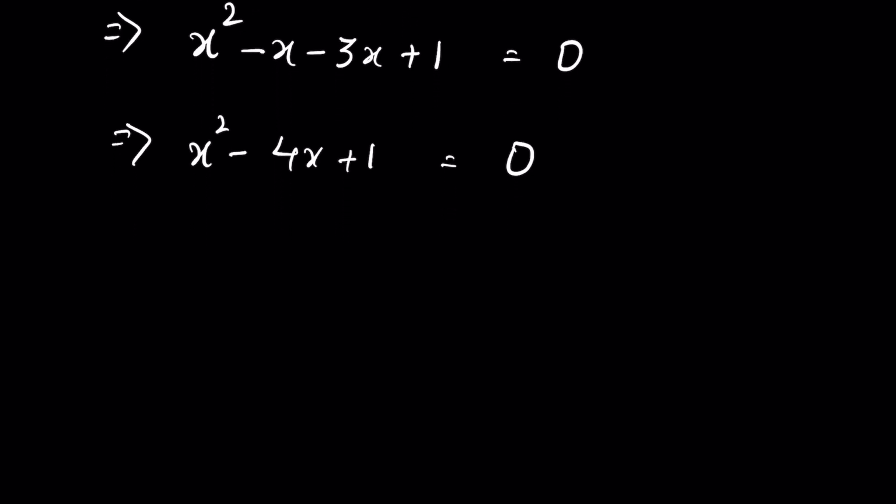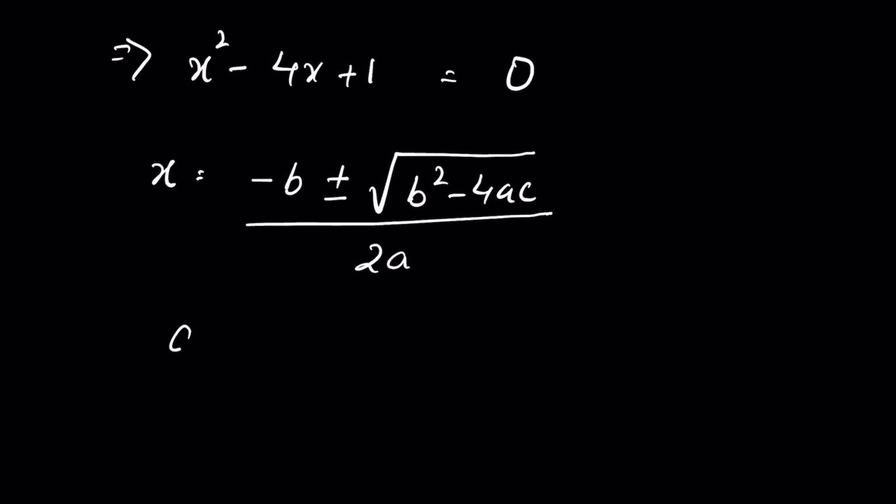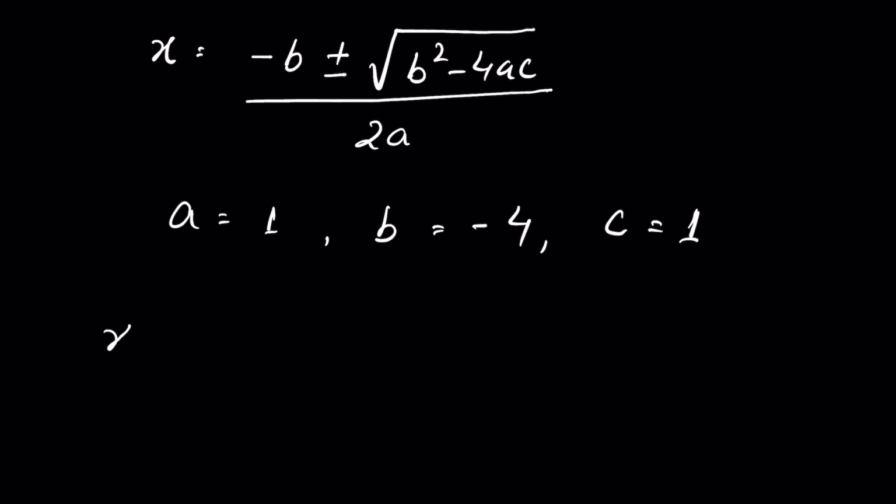Now to find the roots of a quadratic equation, we have the formula here: minus b plus minus square root of b square minus 4ac upon 2a, where a is the coefficient of x square, that is 1, b is the coefficient of x, that is minus 4, and c here is 1. So let's put the values of a, b and c.